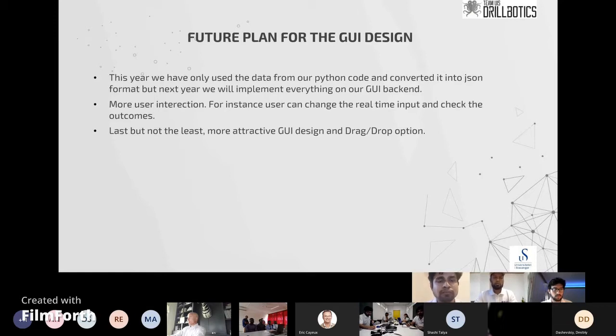And we have also planned to do some more user interaction. That means the user can change anything in our web GUI, and we can see all the outcomes in our web GUI. Last but not least, we will make a more interactive web GUI design, and also we will add some more features like a drag and drop option in future.